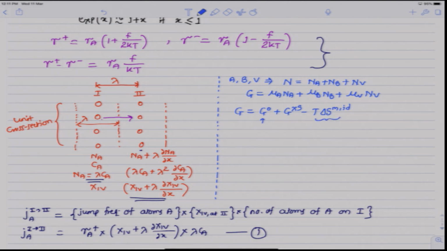This part represents the change in Gibbs free energy if the mixing was ideal, that is, this part is related to the change in configurational entropy because of mixing, and Gxs is the excess Gibbs free energy, which is basically the change in Gibbs free energy because of all the other reasons than this ideal configurational entropy change.